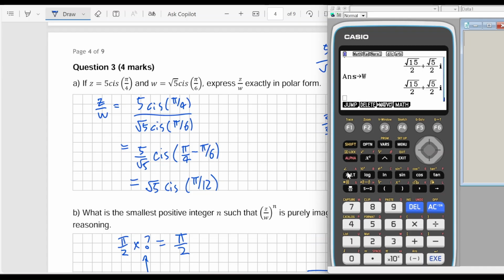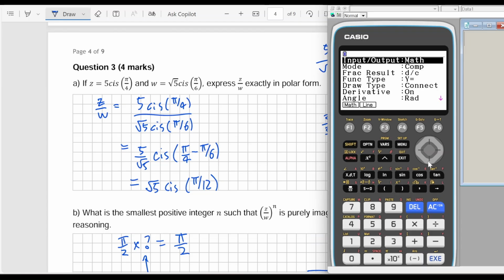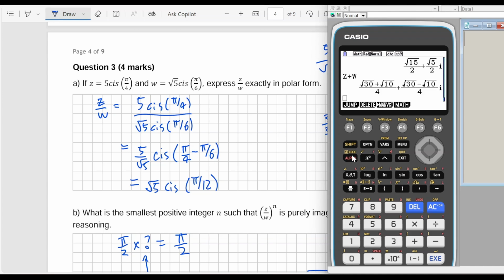If I look at z over w, I get that number there. And we can use our little trick that we saw before to get it back into polar form. Just use that. So if I try and do z over w now, hopefully, yeah. So we know we were correct about part A. That's good news.